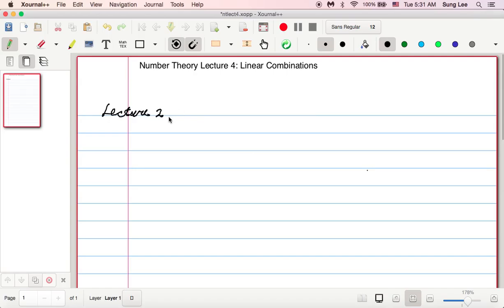Lecture 2, theorem 7? I think it had a theorem number. Did it? Well, I'm not so sure. So let me just call it theorem.